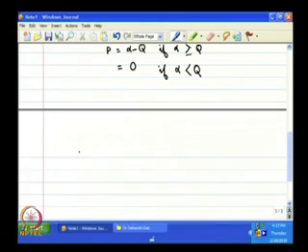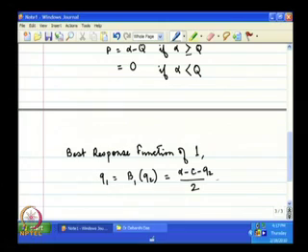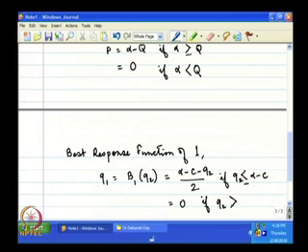We have found that the best response function of firm 1 is q1 = (alpha - c - q2)/2 if q2 is less than or equal to alpha - c, and equal to 0 if q2 is strictly greater than alpha - c.